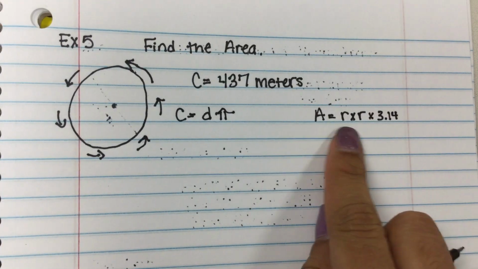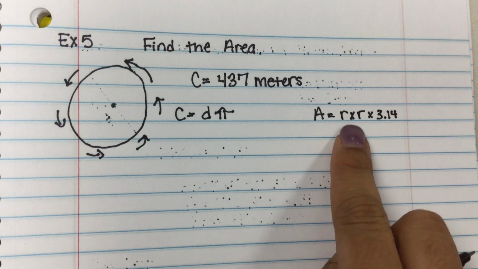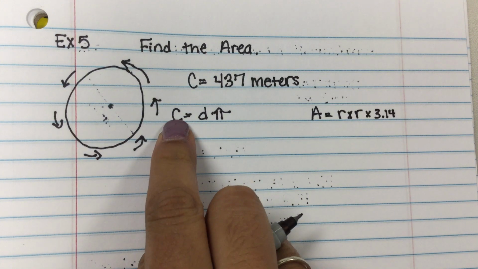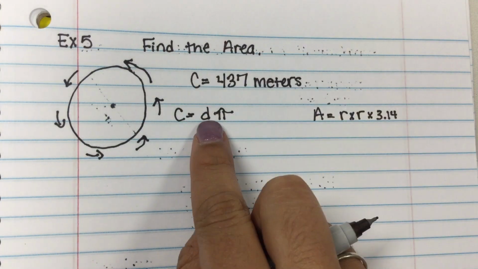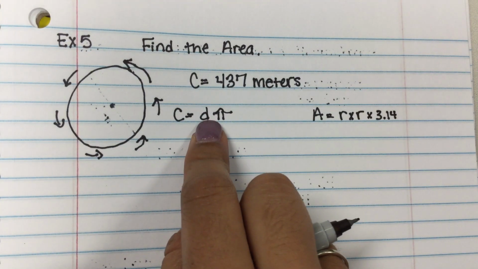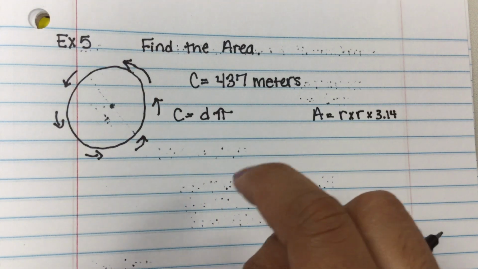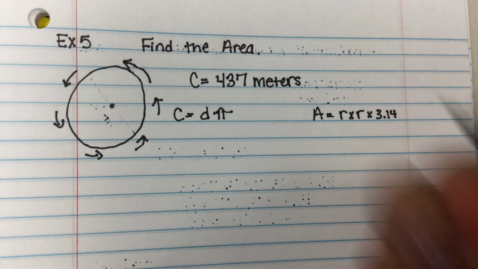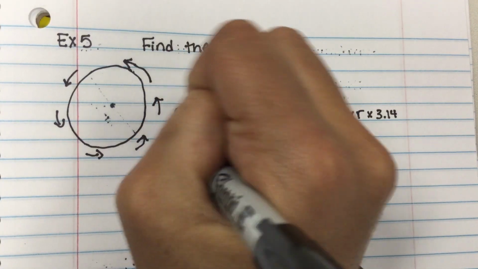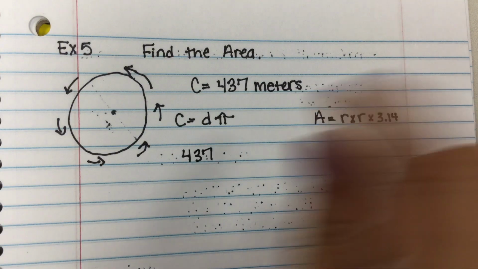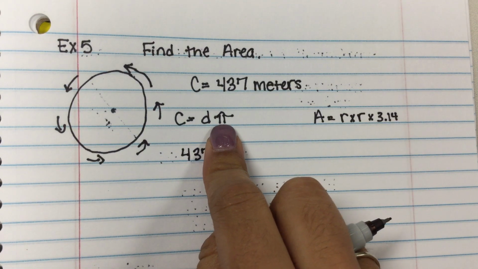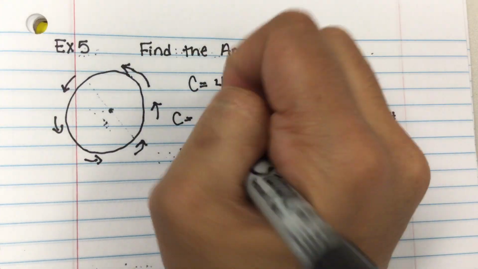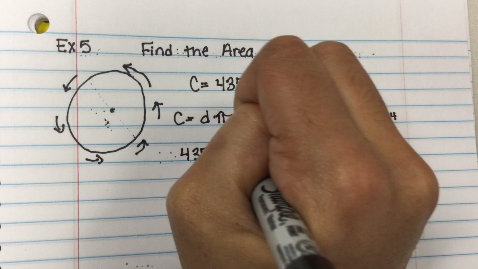Okay, so to get our radius from our circumference, we're gonna have to do this backwards because we'll figure out the diameter, but then after that we're gonna have to divide that by 2 to find our radius. So let's take our circumference, which is 437. Remember, pi is a number. It stands for 3.14, and so since we're looking for an unknown, we can do the opposite to figure that out.